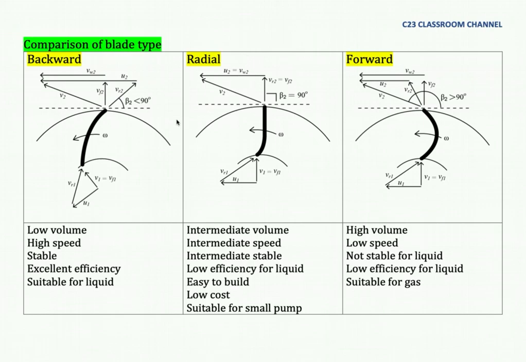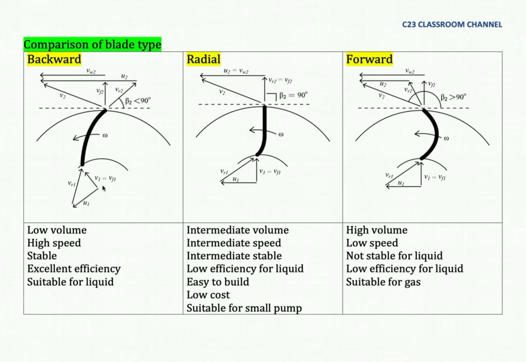And this table shows the comparison of blade type and its usage between these three types of blade. So we have backward, we have radial, we have forward, and this is the velocity triangle at outlet. We already have another session talking about the velocity triangle, but for the velocity triangle at the inlet here, I simplified it into this one.